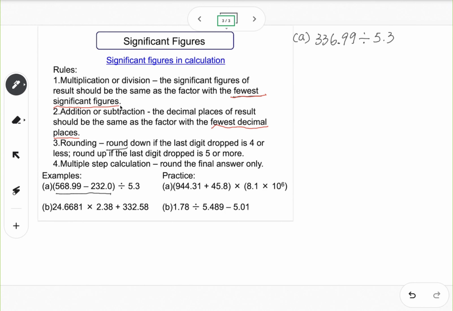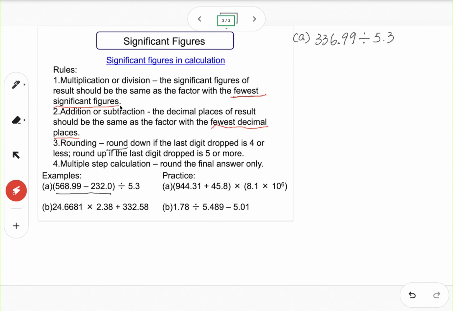As I mentioned a moment ago, this number should have only 1 decimal place because this number has fewer decimal places. So we are supposed to have only 1 decimal place in this intermediate answer. However, according to rule number 4, if you are doing a multiple step calculation, you do not round the intermediate answers. You keep those digits as many as you want, to be accurate at the end for the final answer.